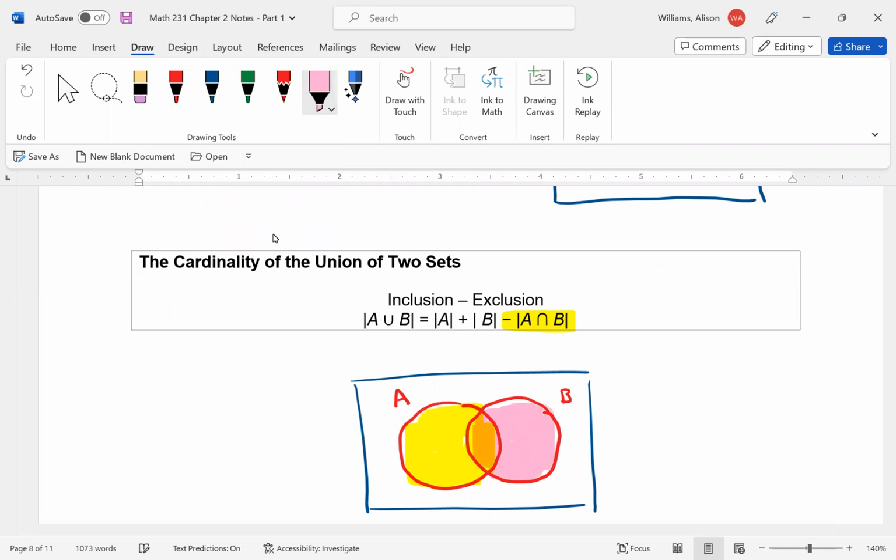If I find those two cardinalities, A is the yellow one, B is the pink one, what we have is this got counted twice. So we have to take it out once. By subtracting out the cardinality of the intersection, how many things are in the intersection, since it got counted twice, that's how you find the cardinality of the union of two sets.